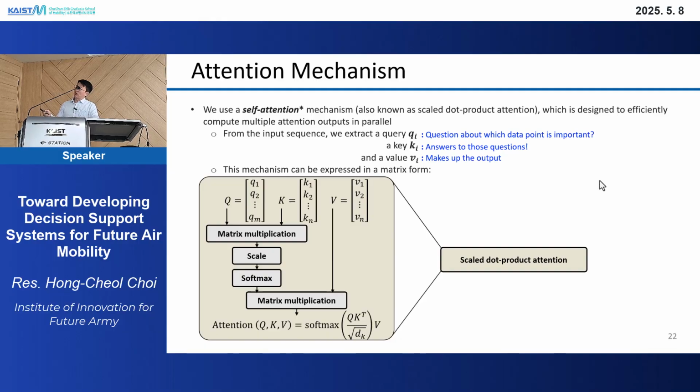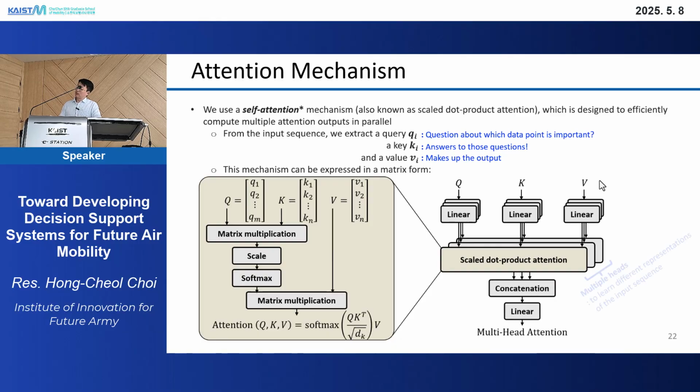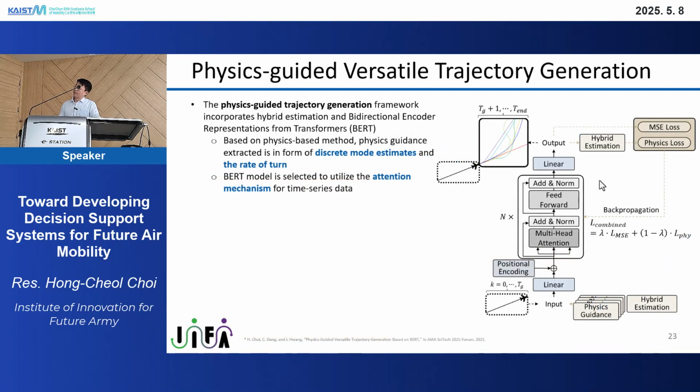This parallel computation is useful to train the models because we can take advantage of multi-cores or computation resources. This can be extended to multi-head attention, because it allows the model to learn many different types of representations or dependencies within the input sequence. So based on this multi-head attention, it can understand time series trajectories.